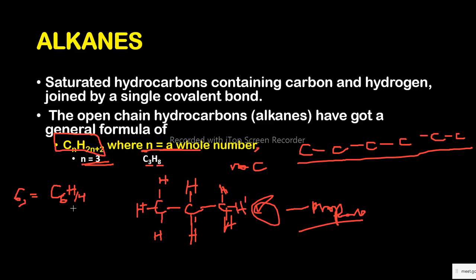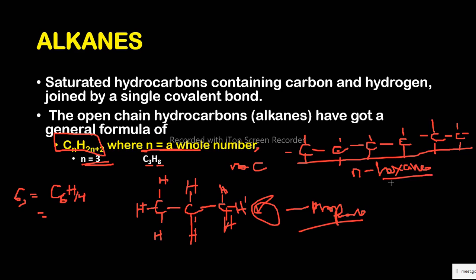So when you are to draw, this is how many? 1 2 3 4 5 6. So we shall put 3 hydrogens here, another 2 hydrogens, 2 hydrogens, 2, and finally 3. And this is going to be our n-hexane, where n means normal hexane.